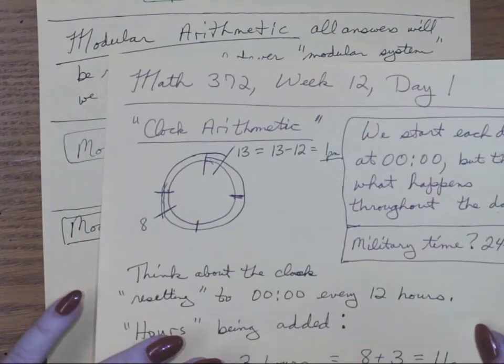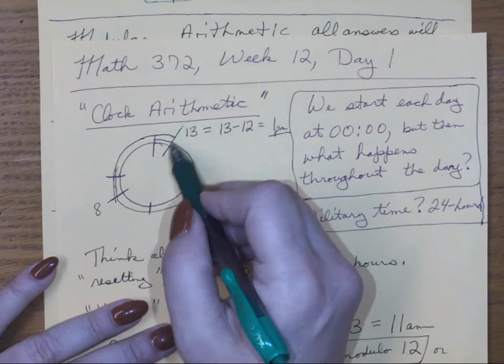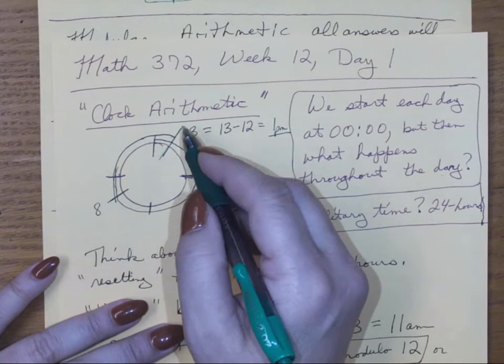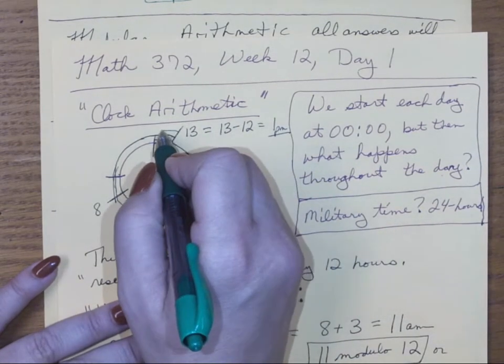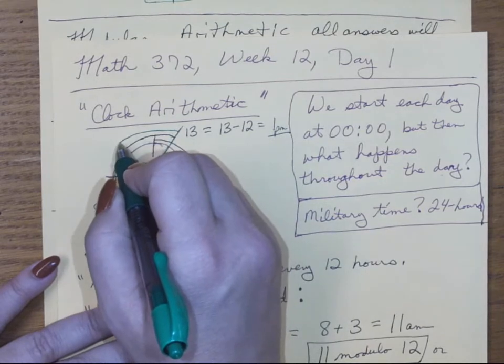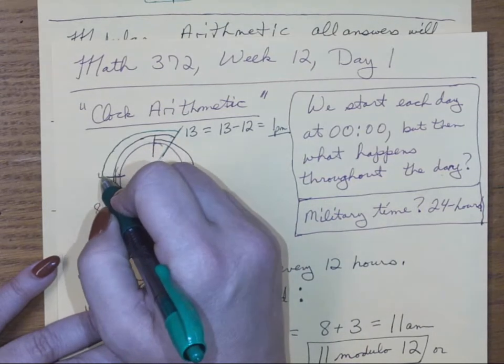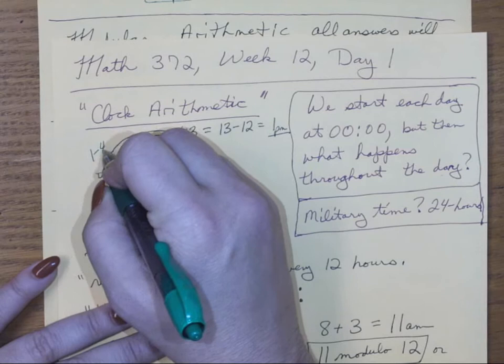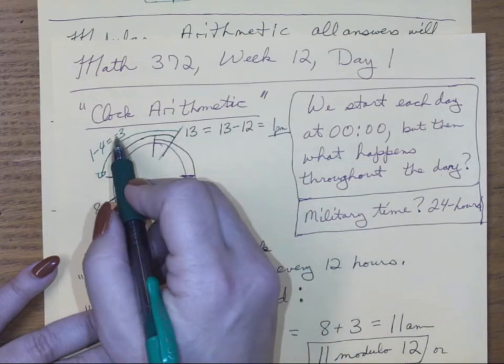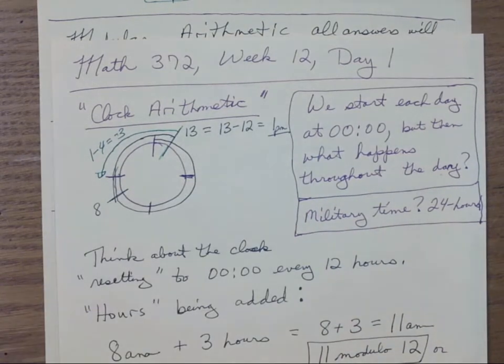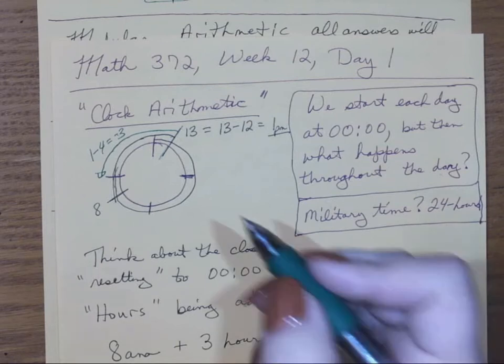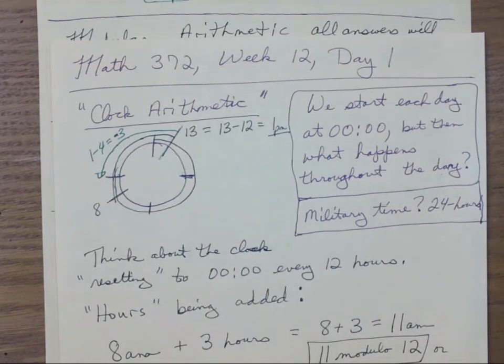I was at 1 o'clock, right here on the clock. I was at 1 o'clock and I subtracted 4. 1, 2, 3, 4. Negative 3. So it's like I went before midnight 3 hours, right? Okay. So before midnight 3 hours, that's all fine and dandy. Negative 3, we get that.